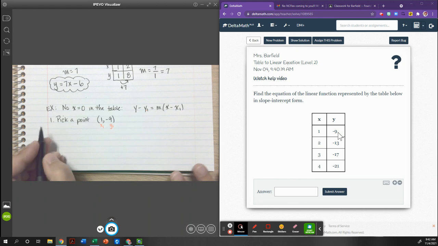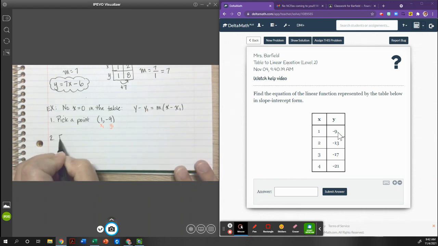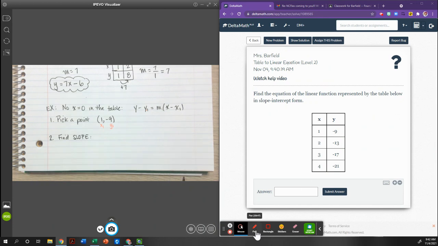The second thing you're going to do is find the slope. You can do that with the slope formula or by just literally going over here, and if I bring up my pen, saying, how much do I get from here to here? Well, that's plus 1. How much do I get to here?